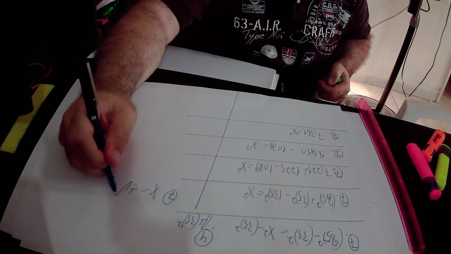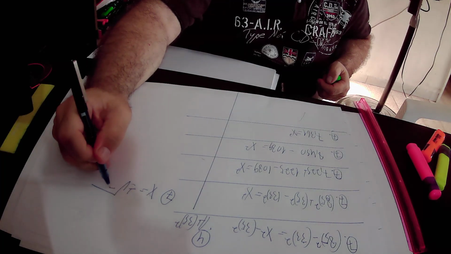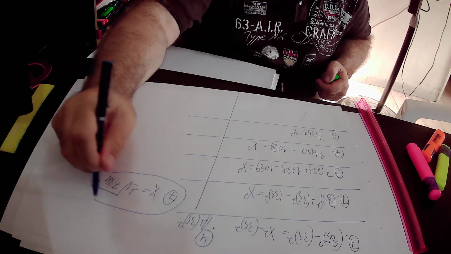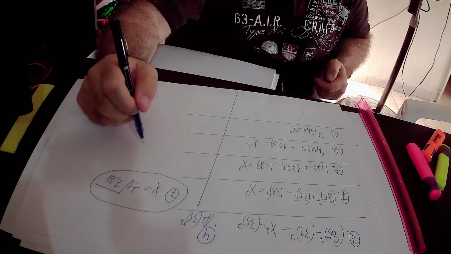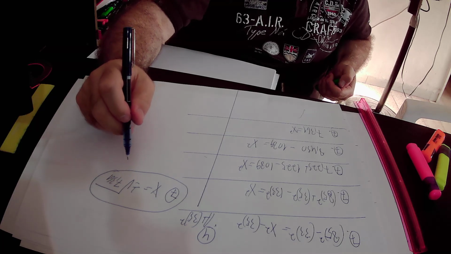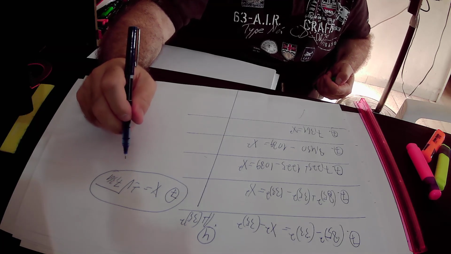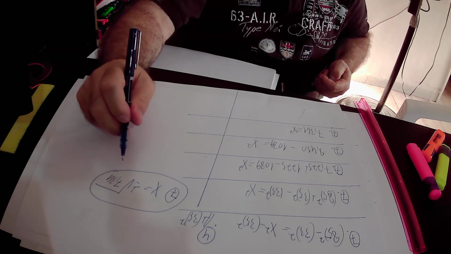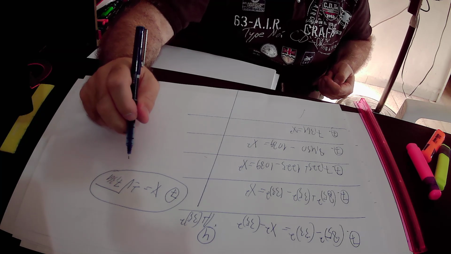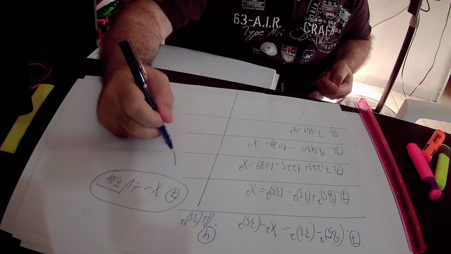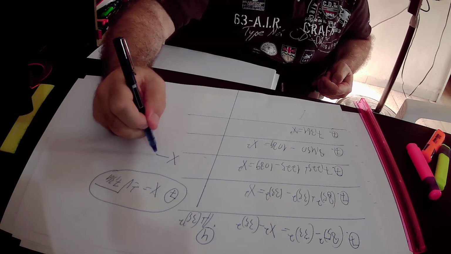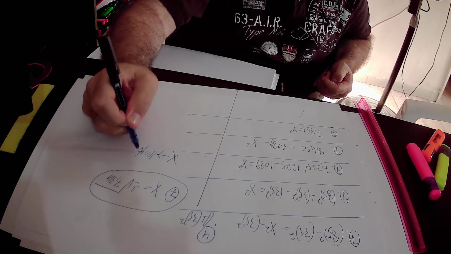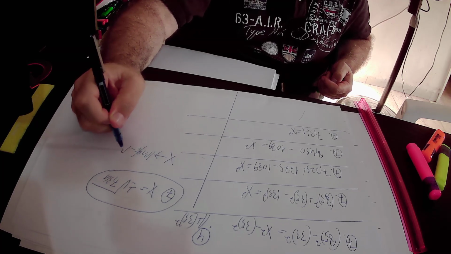minus the square root of 7,361. So here we will have two solutions that are possible for x. The positive square root of 7,361 and the negative square root of 7,361. But because of the fact that x is a length, it must be a positive number.